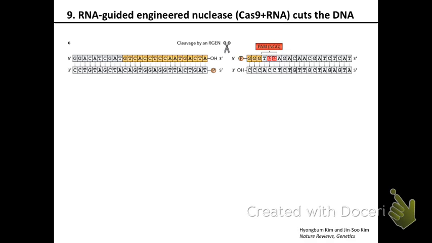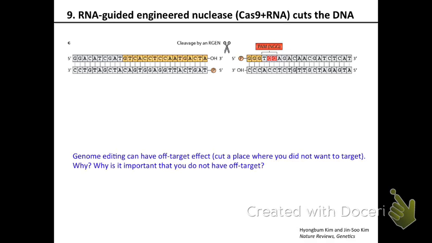All right. So here I had asked, genome editing can have an off-target effect. That means cutting a place where you didn't want to target. So we talked about why, because the complementarity is for a short sequence.